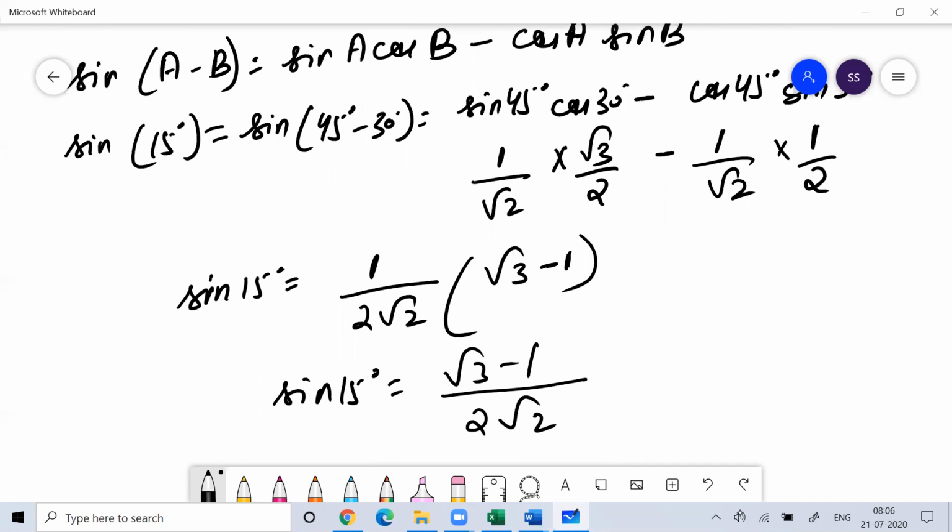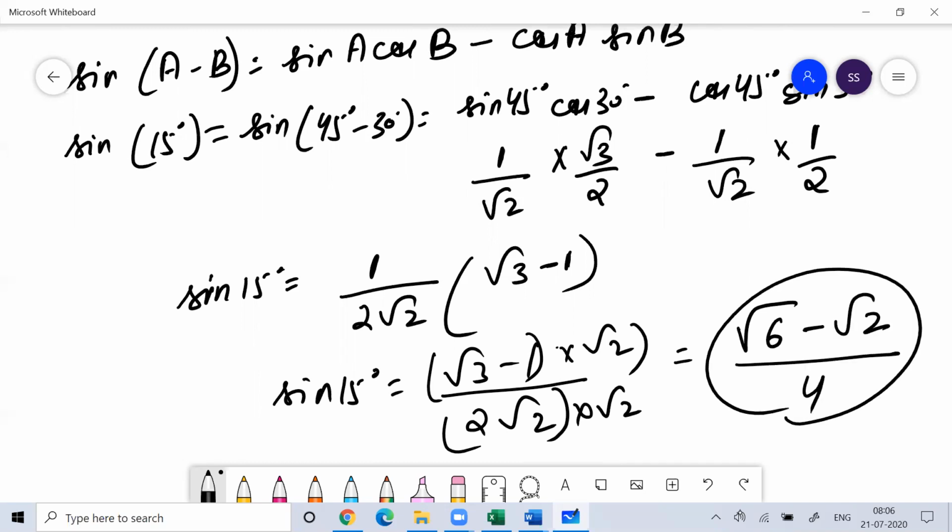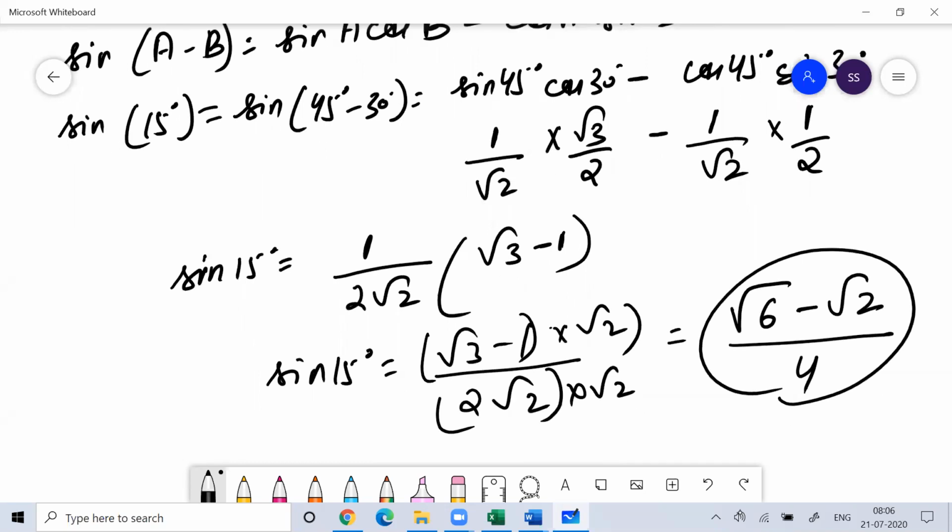Many people normally don't prefer to write an irrational number in the denominator, so you can multiply by root 2 on both sides, and you'll get root 6 minus root 2 by 4. This is the value of sine 15 degree.